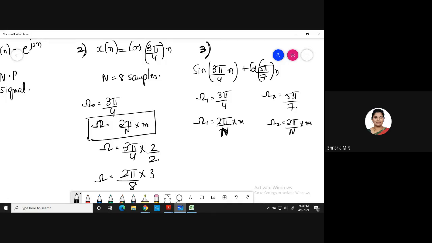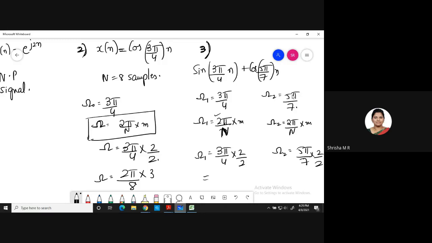I have 3 pi by 4 and 5 pi by 7. To get 2 pi, I want 2 here, so I have to multiply and divide by 2, numerator and denominator. Omega 2 also, you do 5 pi by 7 into 2 divided by 2.